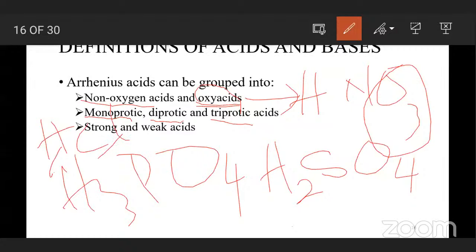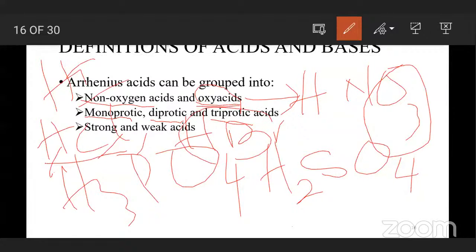So that is a non-oxygen acid. You can have hydrochloric acid, hydrobromic acid, and HI, hydroiodic acid. These, HBr, HCl, and HI, are acids, but they don't have oxygen atoms.